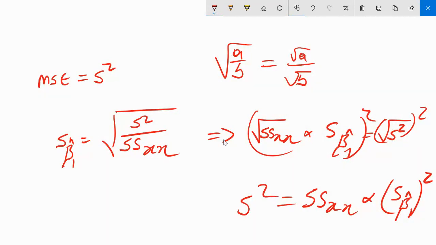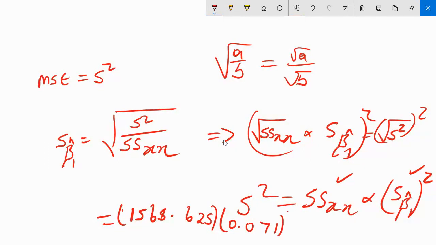And then you substitute, because this one is given and this one is given. Now you substitute. You are going to have the values there, which is 1568.625 multiplied by 0.071 squared. You get the answer. So that is your MSE.